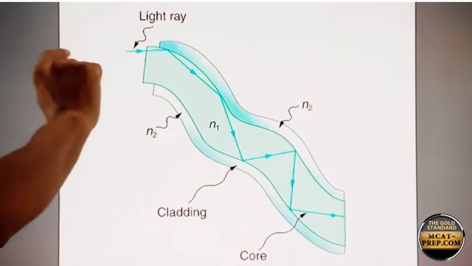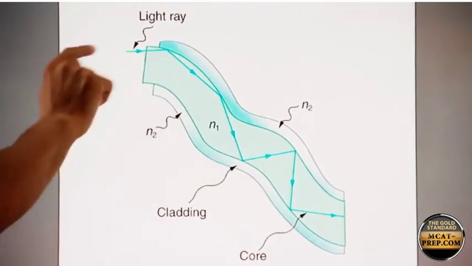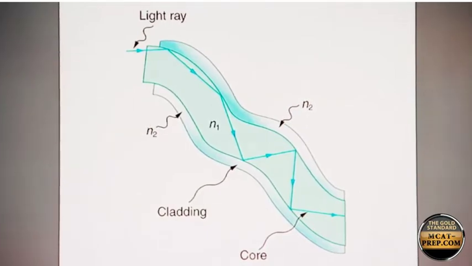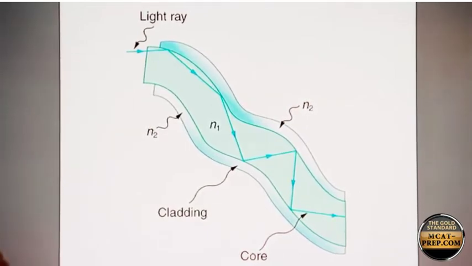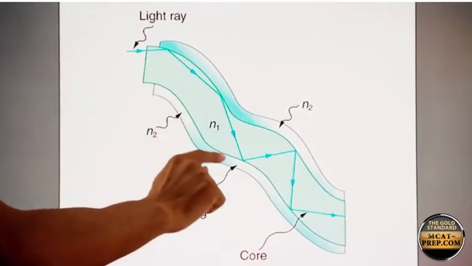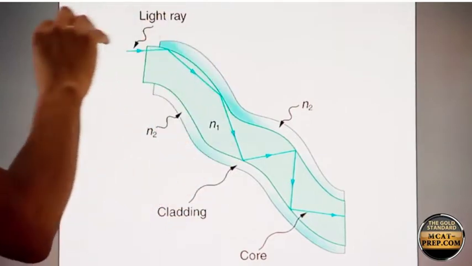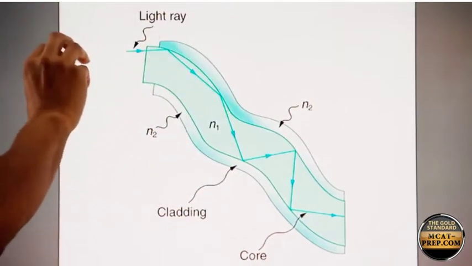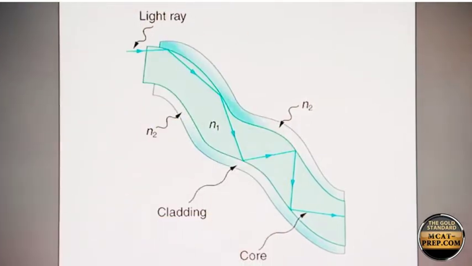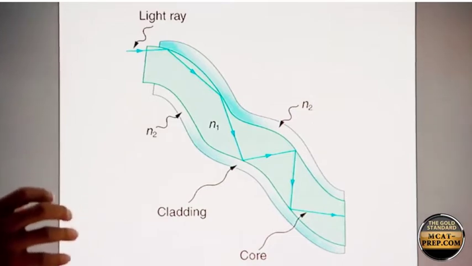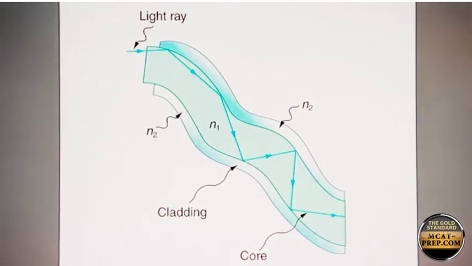Now, light passes in one fiber, and because the light ray is beyond the critical angle, there is total internal reflection. So that's why light can enter at one end of the endoscope and then go all the way to the other end of the endoscope, where an image can be viewed either through looking through a viewfinder or looking at an image on a television screen or something like that.